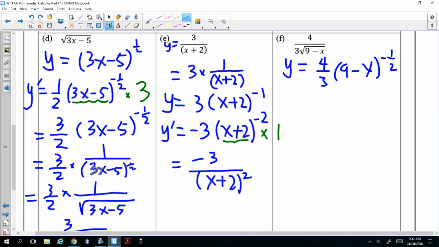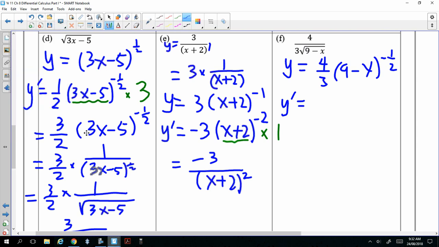Yeah. Half, yeah. Okay, we did that, do y dash. So do 4 over 3 multiplied by negative half. Four over 3 times by negative half.